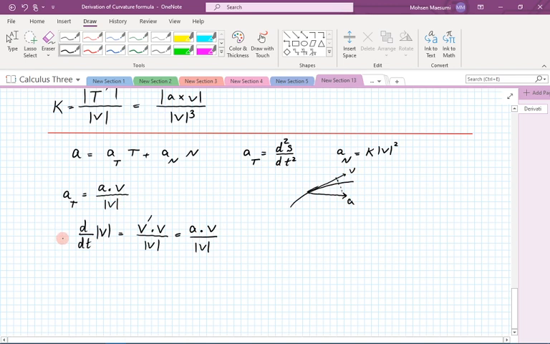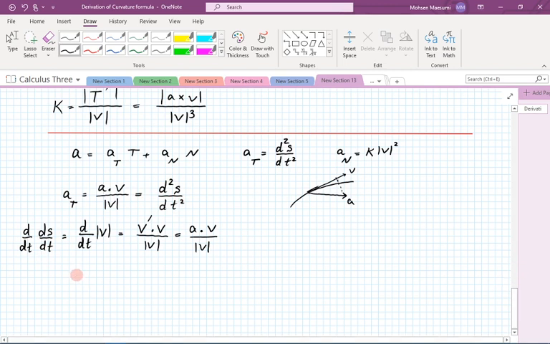Well, speed itself was derivative of distance with respect to time. So what we have here is that this becomes second derivative of displacement or excuse me, arc length with respect to time. Article number 2.